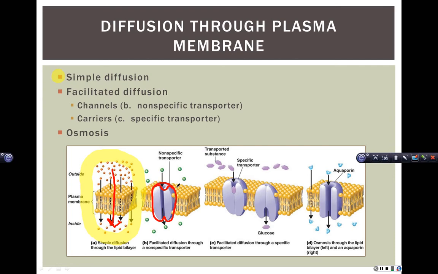So these can be called non-specific transporters, but the most common term to call this is facilitated diffusion. And that would be our second picture here. So if a substance can go through an integral protein, go through the little water slide, then that is using basically a non-specific protein channel.